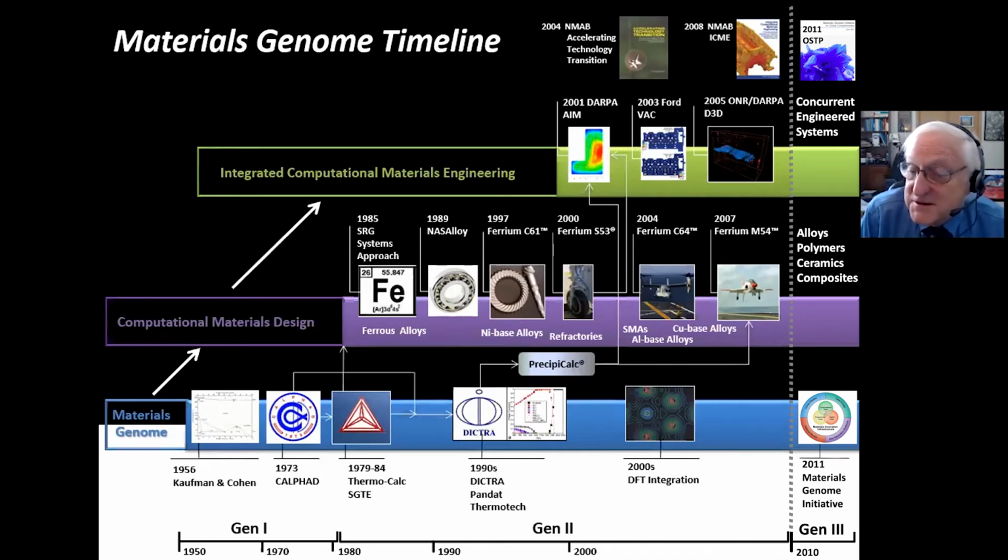There continues to be some debate as to what a materials genome could be, but it's clear the genome we have is the CALPHAD system of fundamental phase level data, whose origins can be traced back to Kaufman and Cohen in 1956 at MIT.